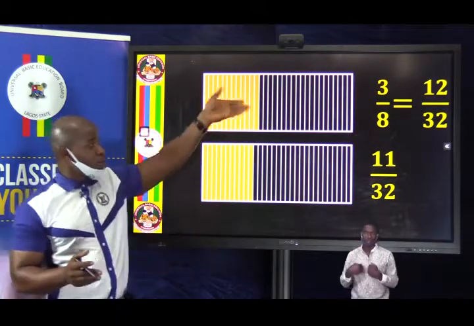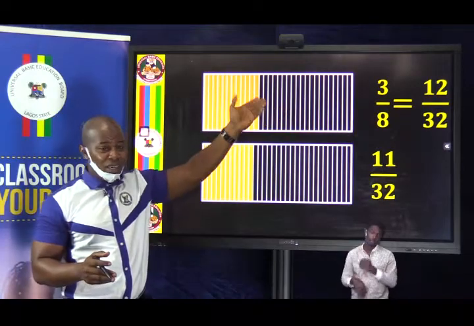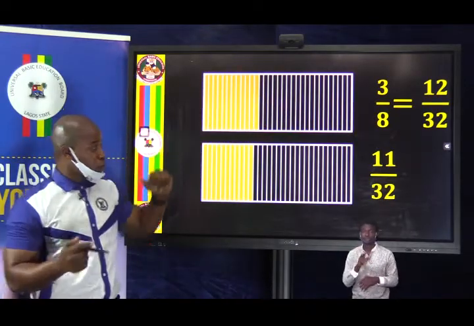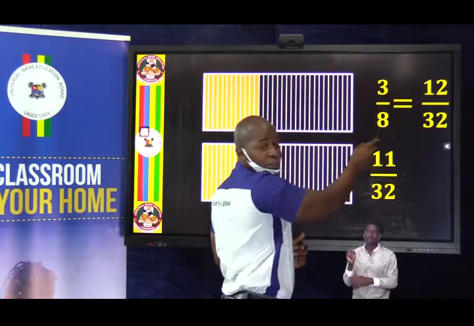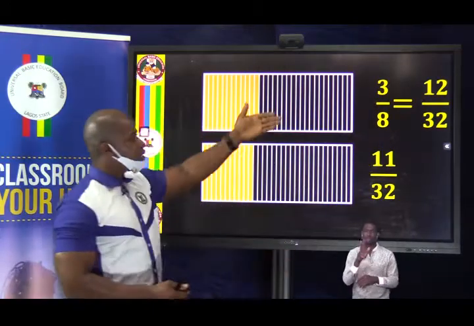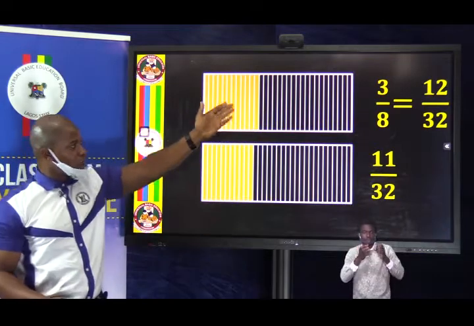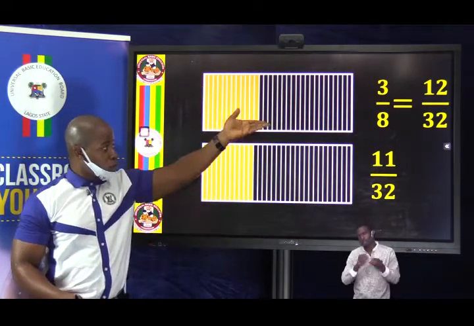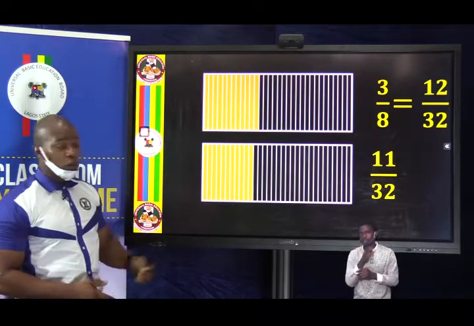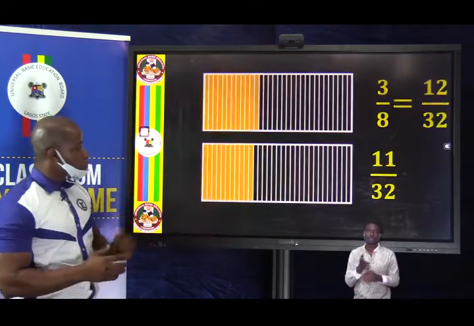So 3 over 8 is equivalent, it is the same thing as 12 out of 32. Look at 3 times 4, 12. 8 times 4, 32. So now it's easy for me to compare them. If I'm able to change one of them to the denominator of the other, 3 over 8 is bigger than 11 over 32. Let's see another one.